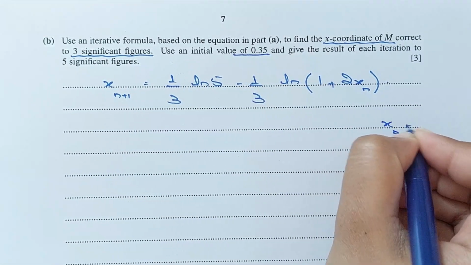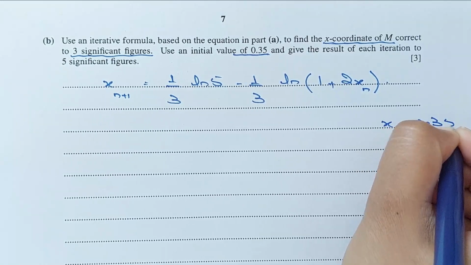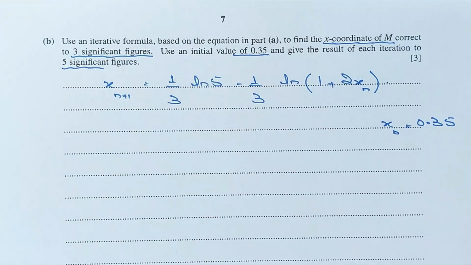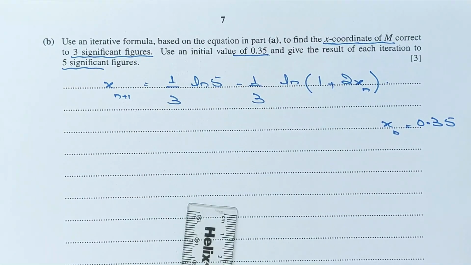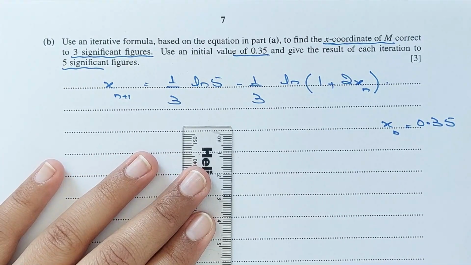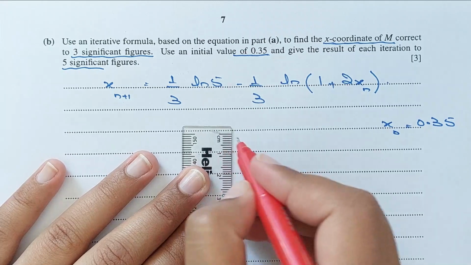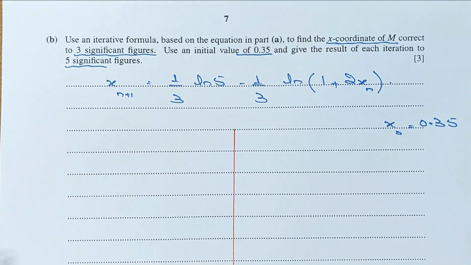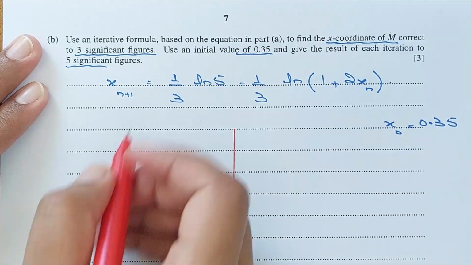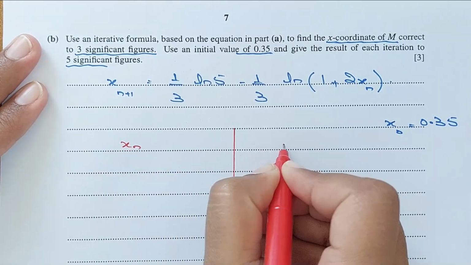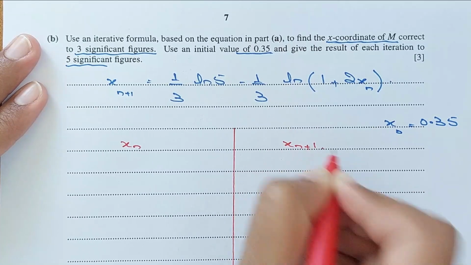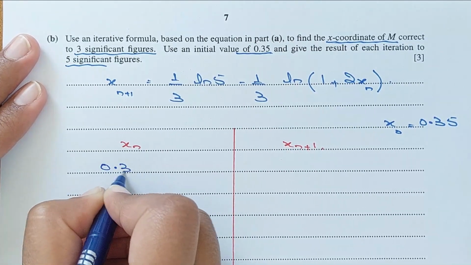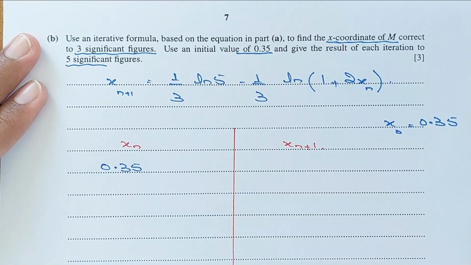So x naught is given as 0.35, and give the result of each iteration to 5 significant figures. Let me make a table of values here. This is for xn and this is for xn plus 1, so the initial guess we have been given is 0.35, x naught. What is xn plus 1?